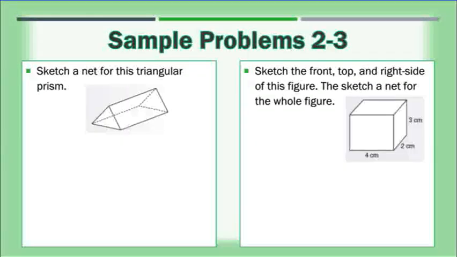Next one, practice problems 2 and 3. So sketch the net for this triangular prism. So for this prism, since it's a triangular prism, our base is going to be a triangle. And when you have a triangular prism, you're going to have triangles on both ends, and then you have 3 rectangles.